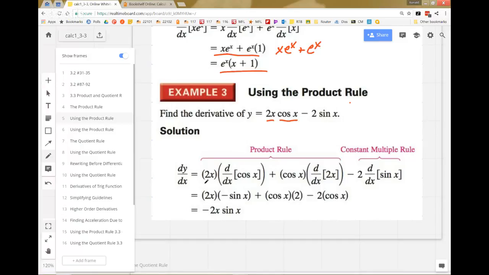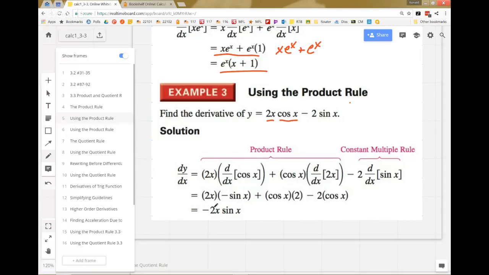So the first, 2x, times the derivative of the second, plus the second times the derivative of the first. And then the constant multiple rule says you can pull the constant out, negative 2, and multiply it by the derivative of the sine.